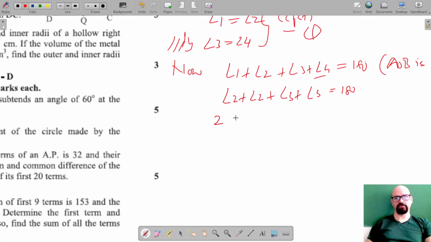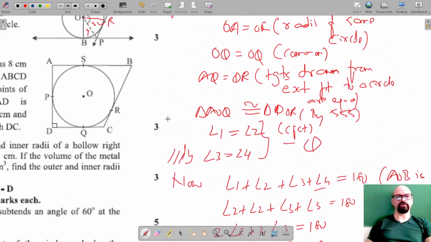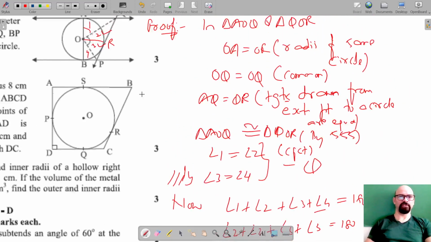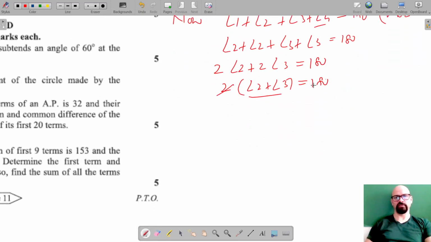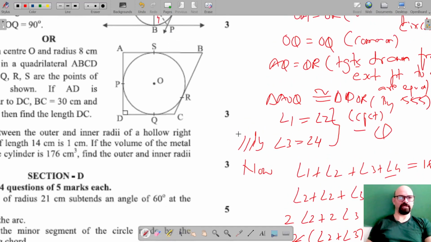So this is 2 times angle 2 plus 2 times angle 3 is equal to 180 degrees. 2 is common, angle 2 plus angle 3 is equal to 90 degrees, and if we add 2 and 3, that gives us angle POQ. So this is 90, so that means angle POQ is equal to 90 degrees, and this is our first part.